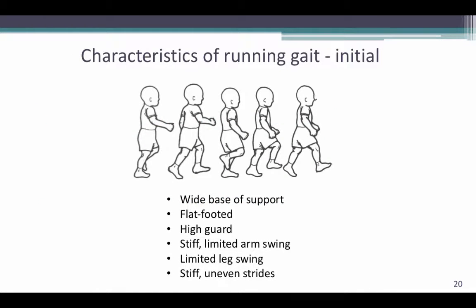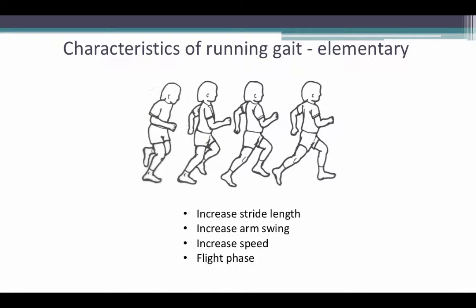The initial characteristics of running patterns include a wide base of support, flat-footed walking, high guarded arms, limited leg swing, and stiff, uneven legs. The elementary running shows improvements in increased stride length, arm swing, speed, and the inclusion of a flight phase.